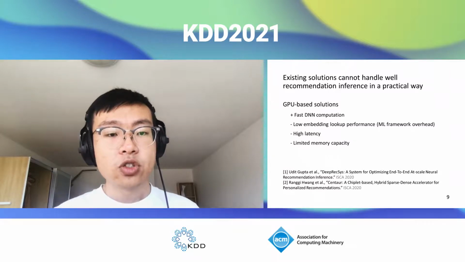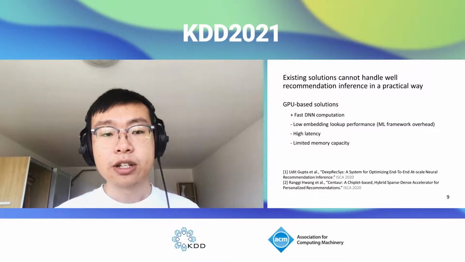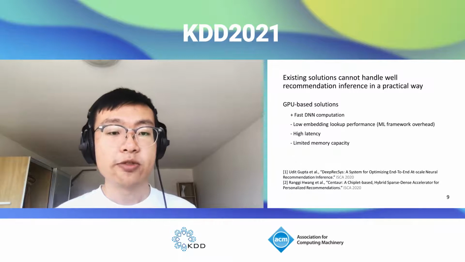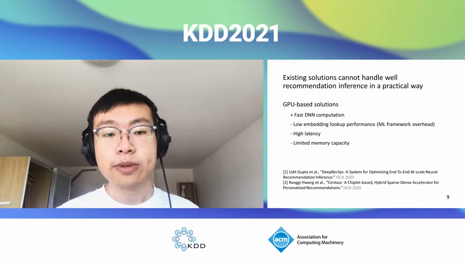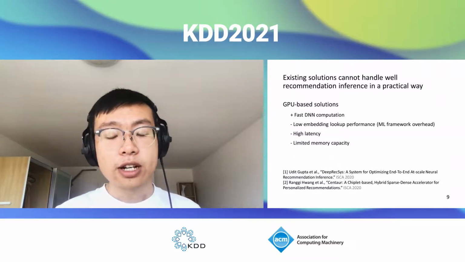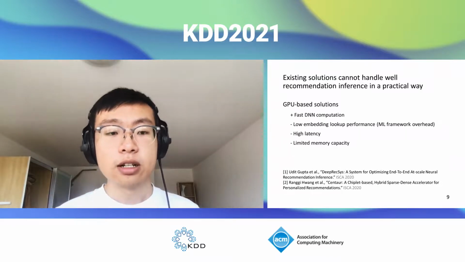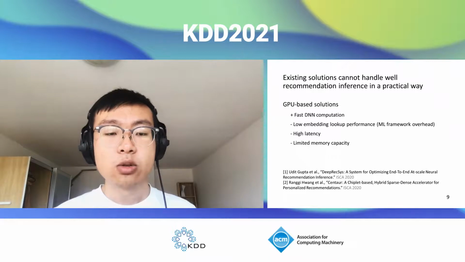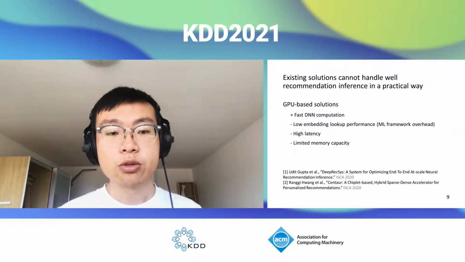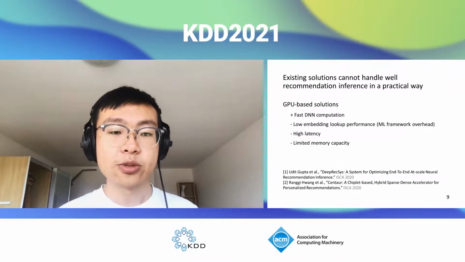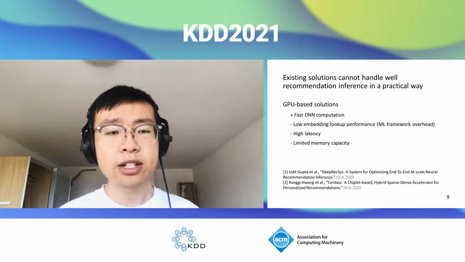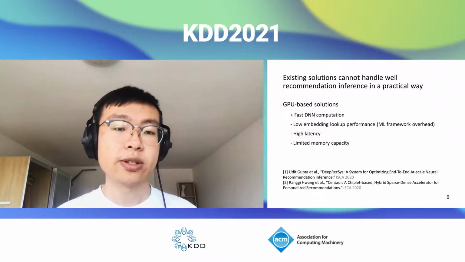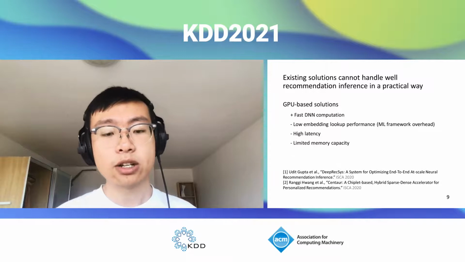And also, GPU has high latency, because if you want to maximize the throughput of GPU, then you probably want to use a large batch size. So not only do you want to process a large amount of data at a time, you also need to wait a while for the users' queries to arrive to gather those large batches. And finally, GPUs do not have sufficient memory for a model of 100 gigabytes.